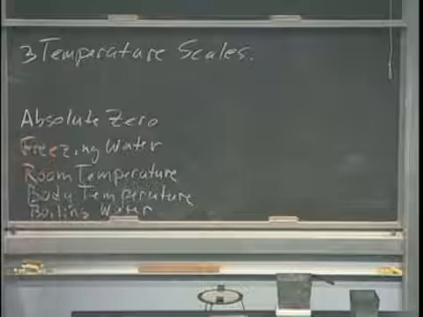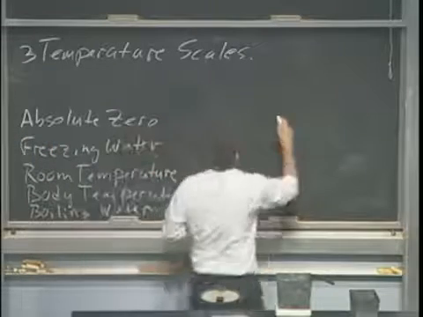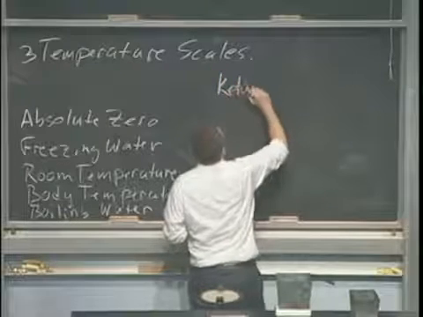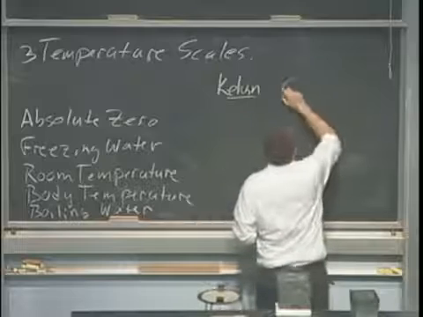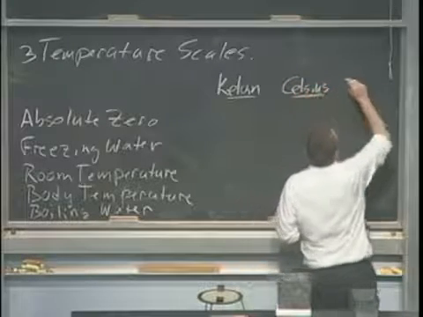Okay, so let's look at those in 3 different temperature scales. So there's Kelvin, which is the one that we use mostly scientifically, Celsius, which is the metric scale, and Fahrenheit.